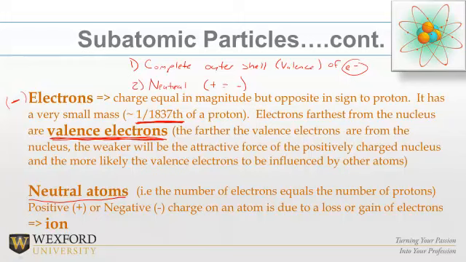Or, as you can see from here, positive or negative charge on an atom is due to a loss or gain of electrons, in which case one atom will pass its outer shell electrons to the other, so they will both have a complete outer shell, but now they're no longer atoms, they're technically ions. They now have either a positive or a negative charge.